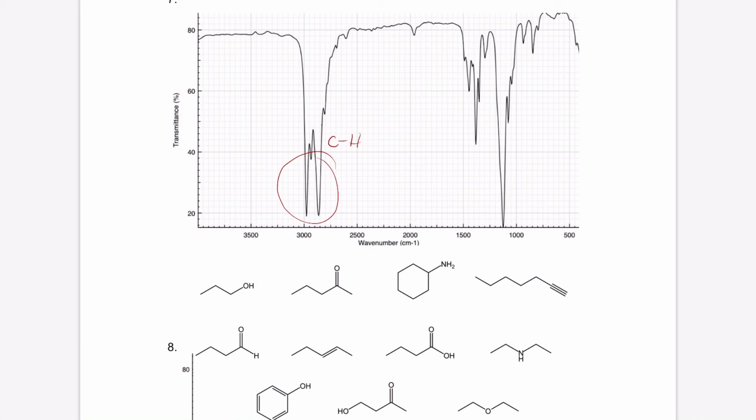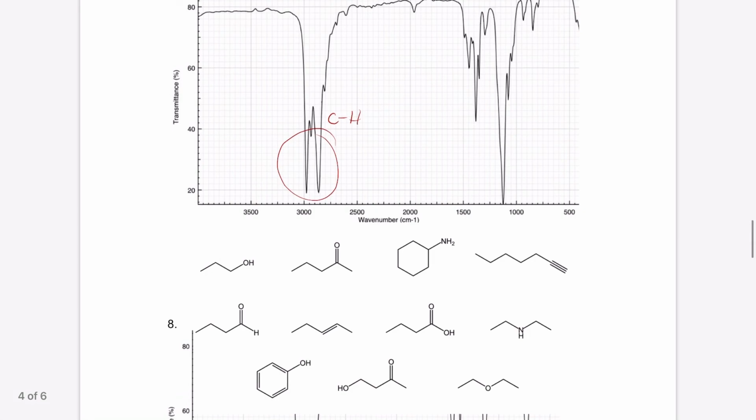I don't see any stretching around 1600 or 2200, so this is not an alkene. This is not an alkyne. We've already used our alcohol, our amine, our triple bond, our aldehyde, our alkene, and carboxylic acid.